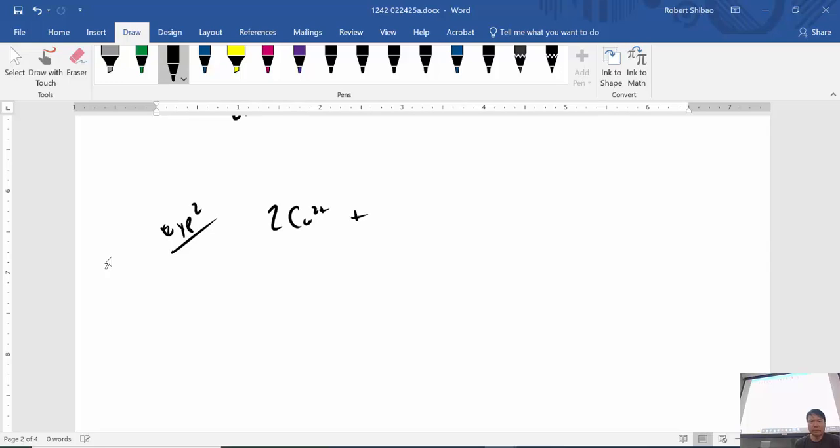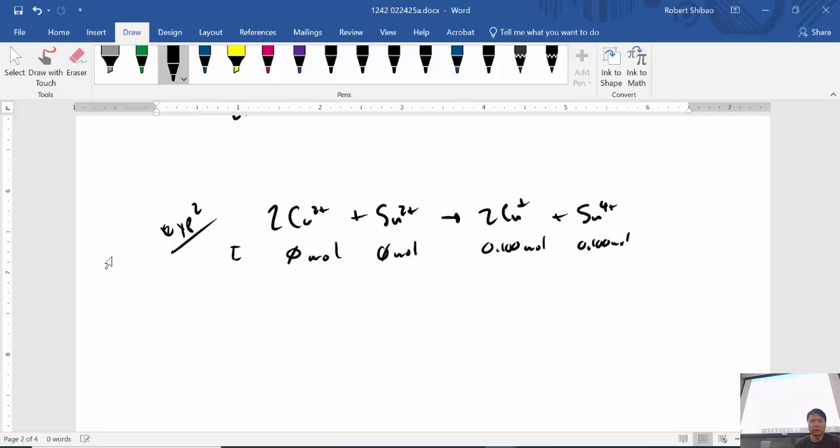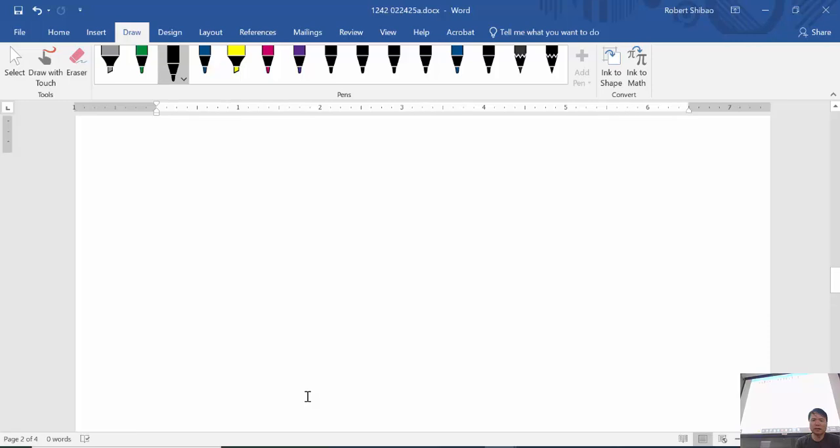Two Cu2+ plus Sn2+ yields two Cu+ plus Sn4+. Initial was 0, 0, 0.100, 0.100. There's going to be some change. I don't know where I got those numbers. I could have gotten that number from something else. I was looking at the data here.